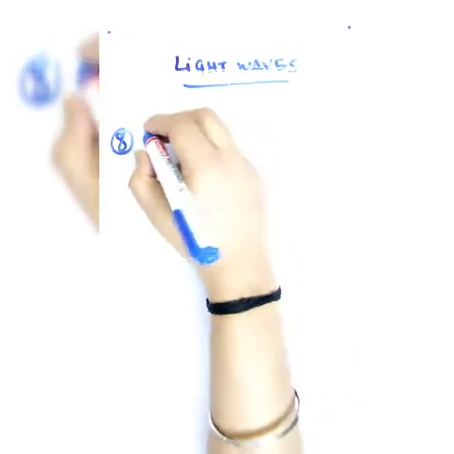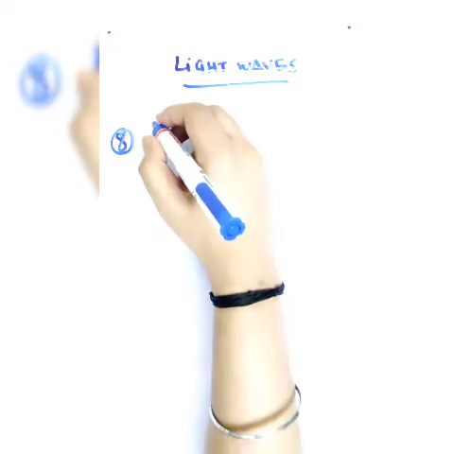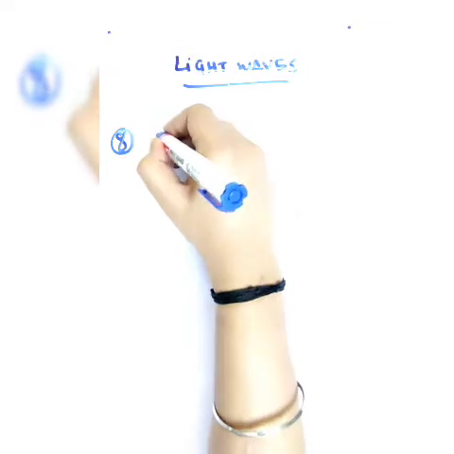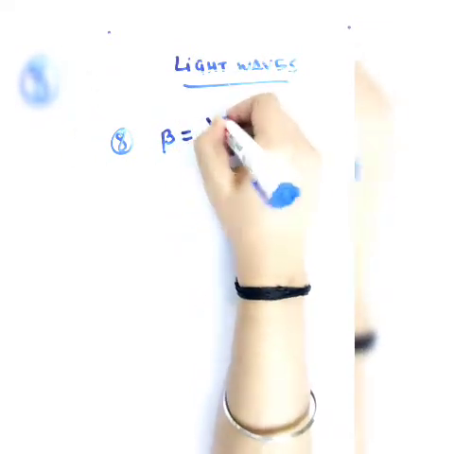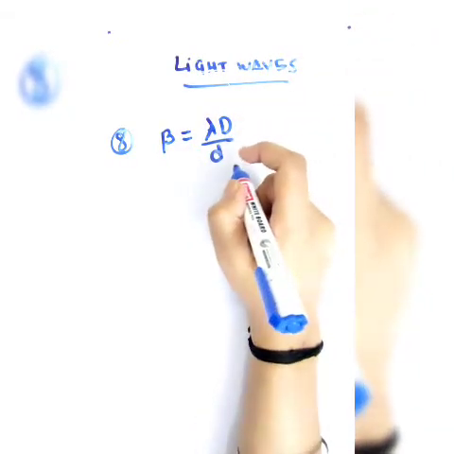Now in the 8th question, we are asked how far apart the adjacent bright bands are in the interference pattern. So the question is asking us to find beta. The formula for beta is lambda D by d.